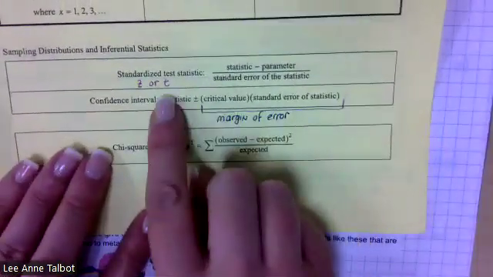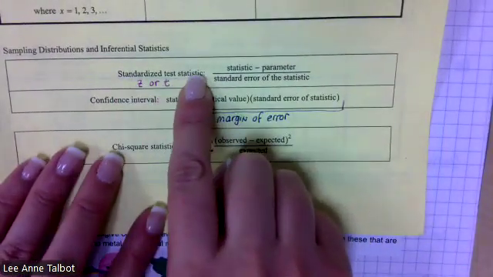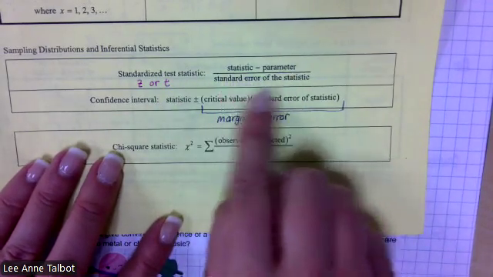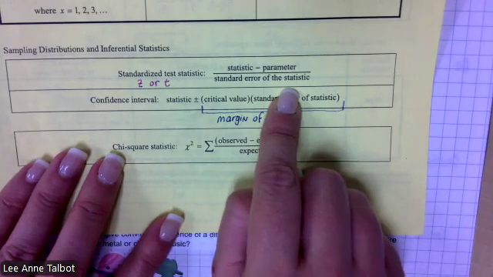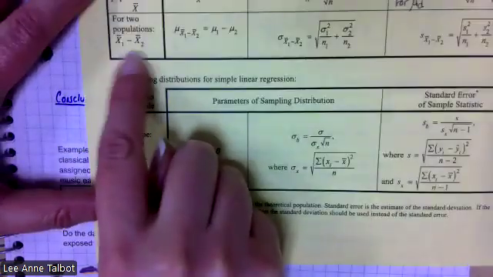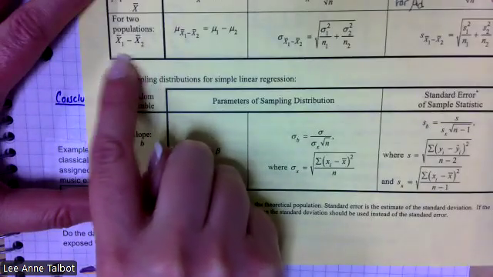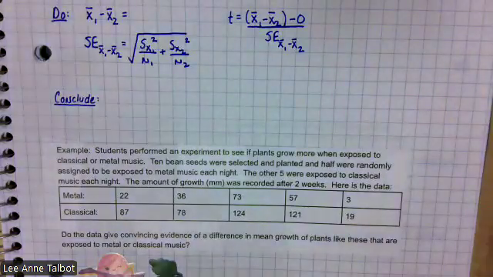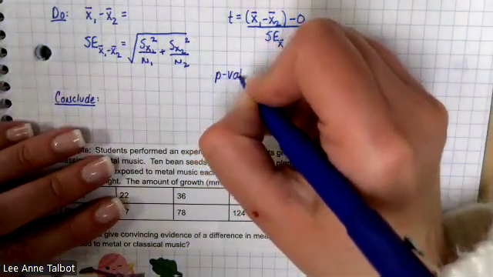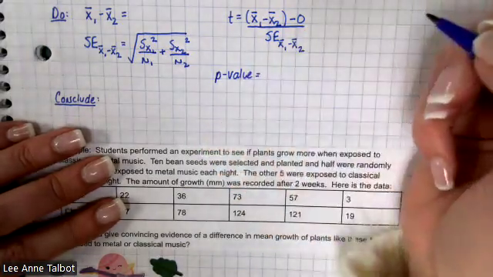And then right here, standardized test statistic, which is going to be T in this case, statistic minus parameter over standard error. And notice right here, it even tells you what the statistic is. Okay, and then you guys okay? Yes.